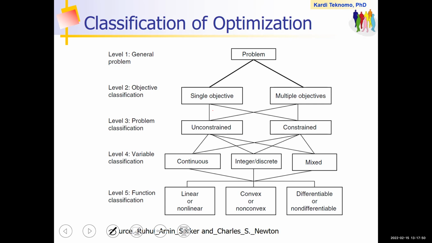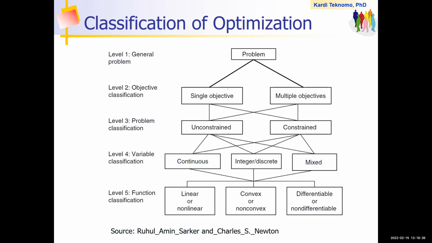In terms of the function itself, it can be linear or non-linear. Then check whether the constraint and the optimization are convex or non-convex, and whether the problem is differentiable or non-differentiable. Based on this classification, you start to think about what kind of algorithm you will use.